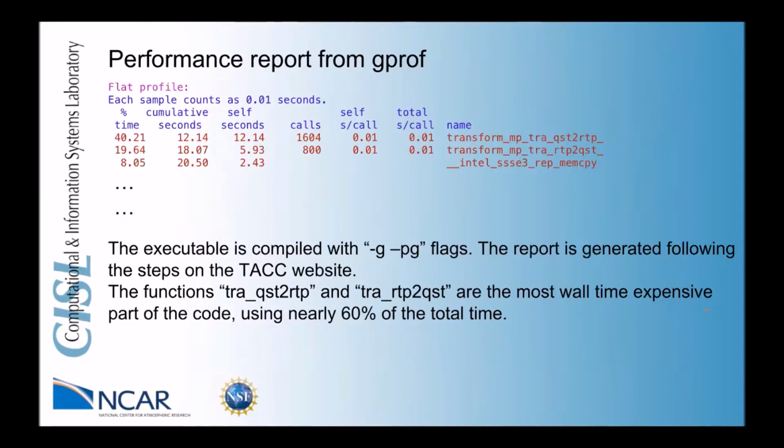The executable is compiled with the -g and -pg flags, and we follow the steps on the TACC website. We can see that the top 2 functions, the Fourier transform functions, use nearly up to 60% of the total time. So that's our major target for the ECSS effort.